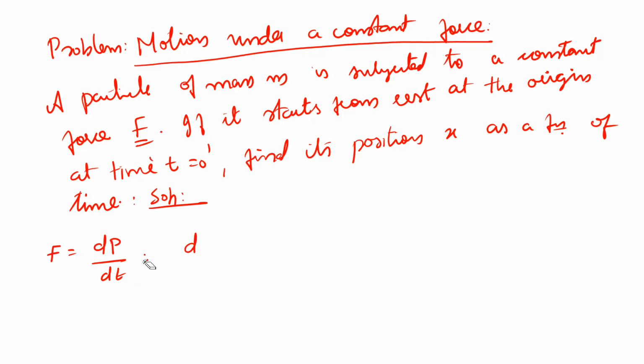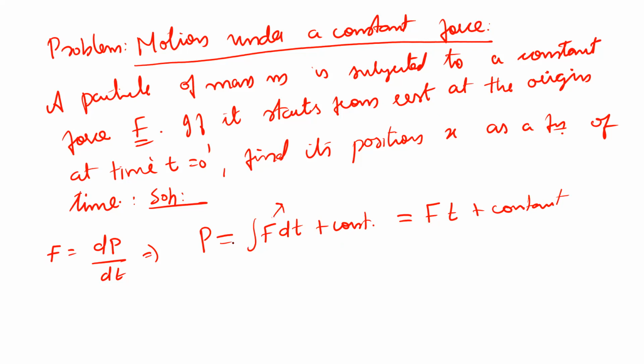This means that p is equal to the integral of F dt plus a constant. There has to be a constant. That's equal to simply Ft plus a constant.